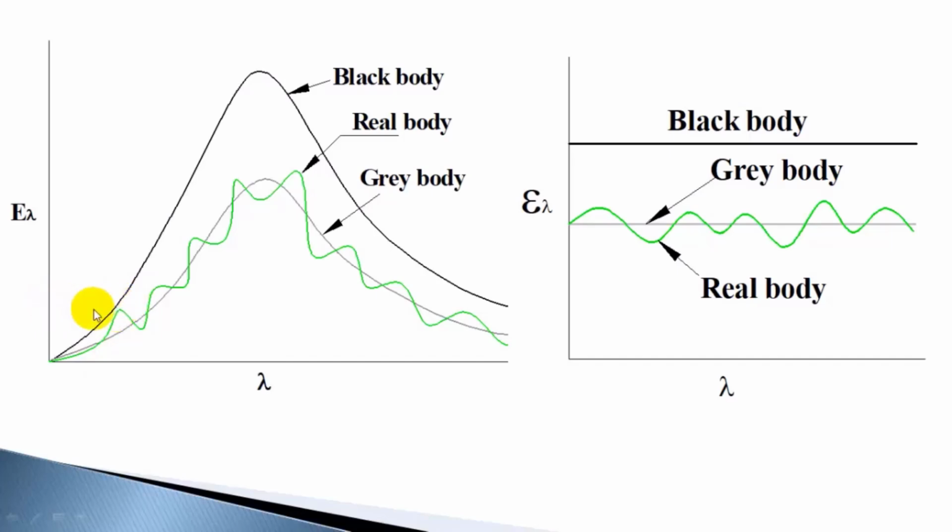That ratio is very close to 1 because this is nearly equal to that of a black body. The curves are very close, so this ratio tends to 1. But if you take another wavelength here, say lambda 2, the corresponding emissive power for your black surface you get here, and for a real surface it is less.